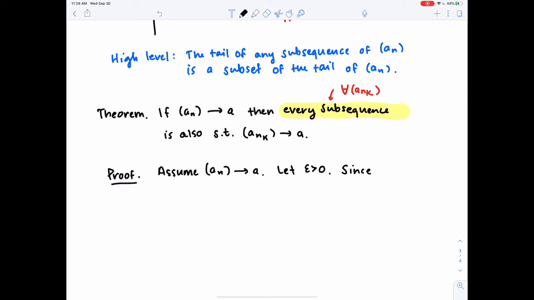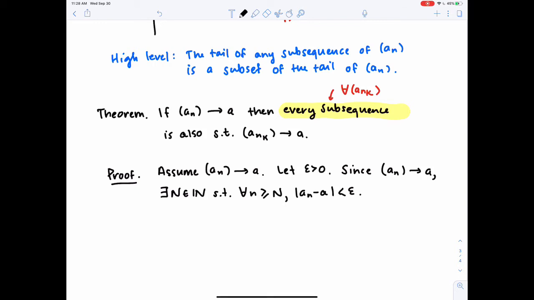So since AN converges to A, there exists a capital N in the natural numbers such that for all little n greater than or equal to capital N, the absolute value of AN minus A is less than epsilon.